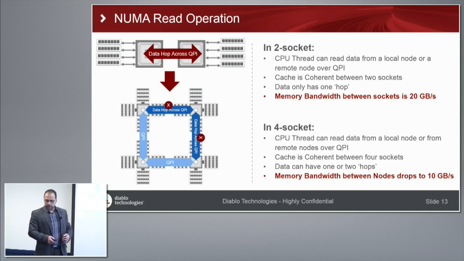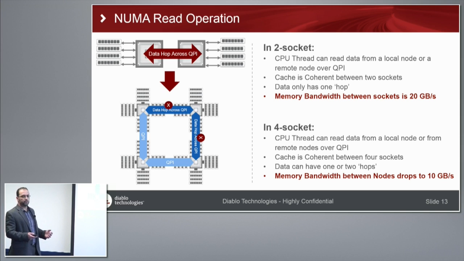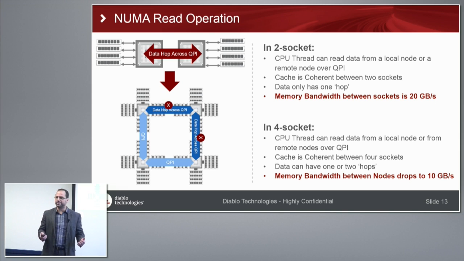So let's first start by going over a standard multi-socket enterprise server. And let's talk about NUMA. What is NUMA? Most of you probably are aware. It's non-uniform memory architecture. What does that mean?